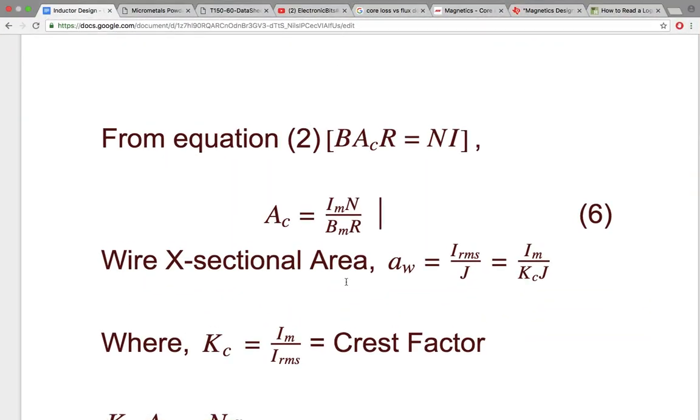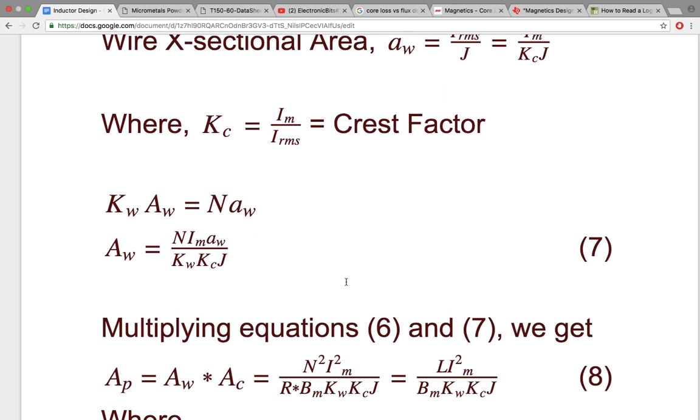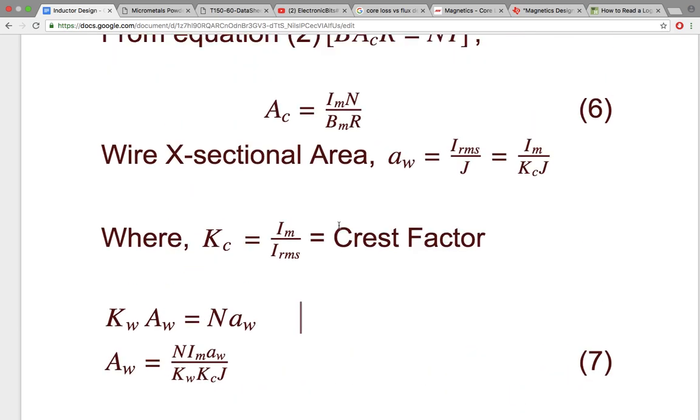So what is the idea then? kw times the window area is the area occupied by the n number of conductors. Let's say Aw is the cross sectional area of each conductor. How do we find it? We can find the cross sectional area of each wire depending on the current capability of the wire.